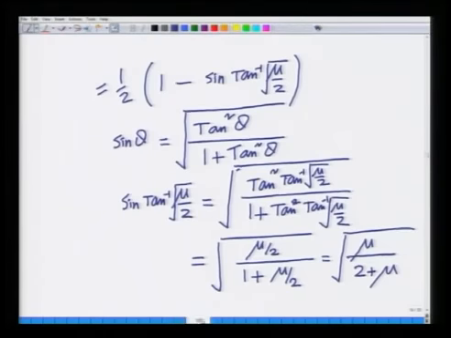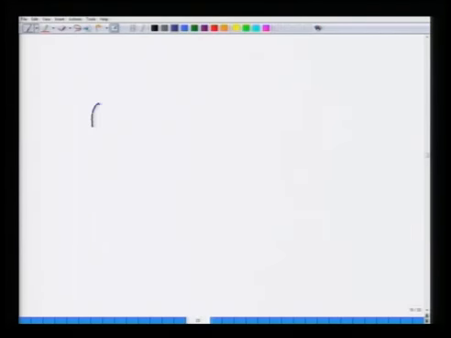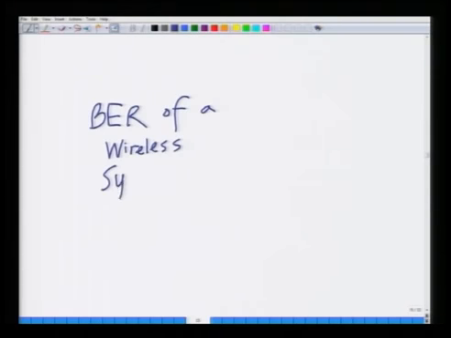All right. So, the final expression after this derivation process is the bit error rate of a wireless system.